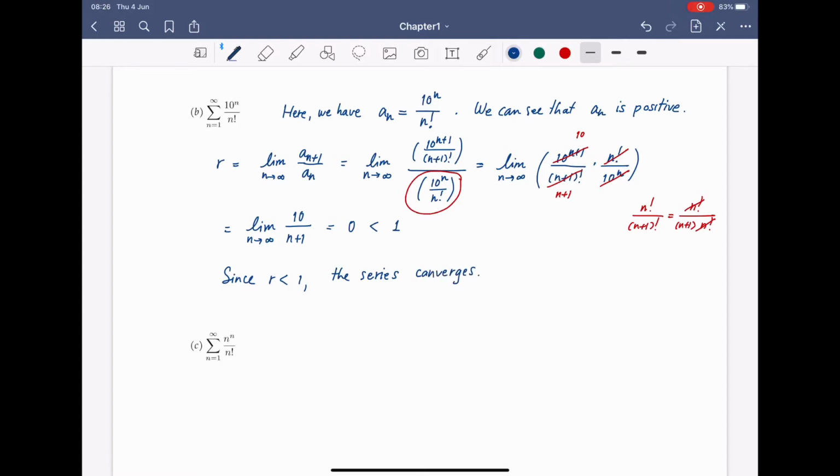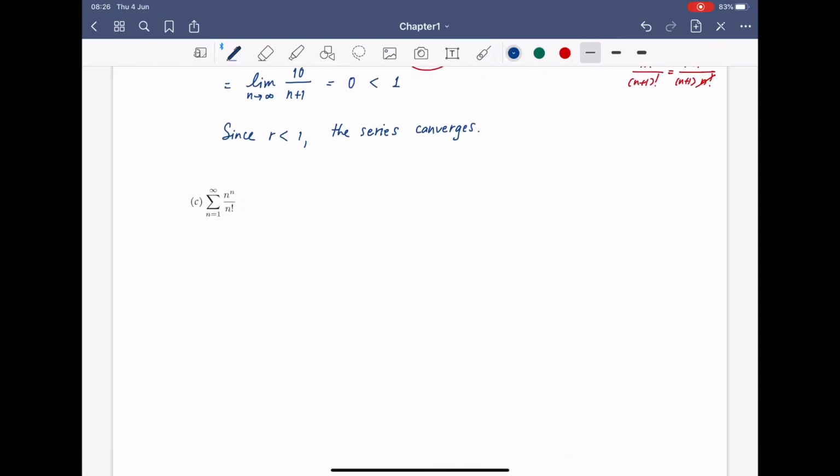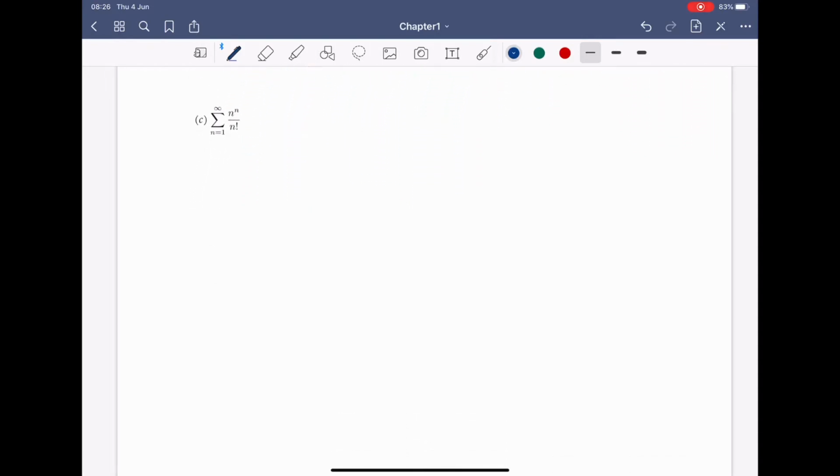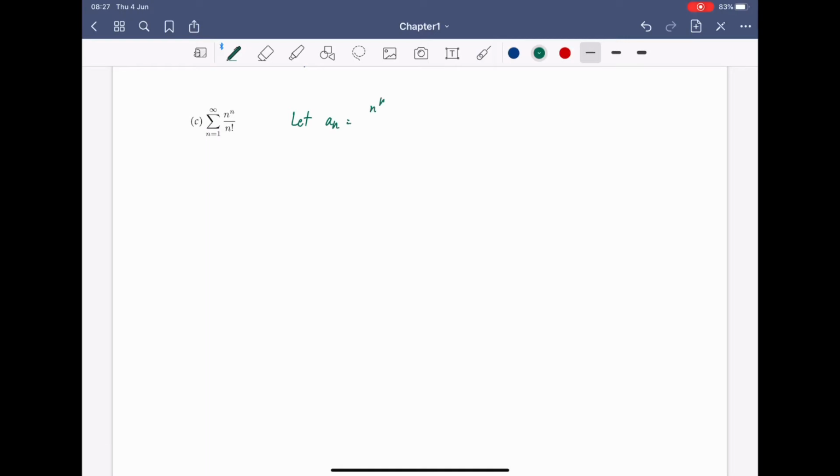All right, next. So let's do part C. Here we have summation of n to the n over n factorial. So let a sub n be n to the n over n factorial. Good. And then after that, we can see that this thing is positive. So a sub n is positive.